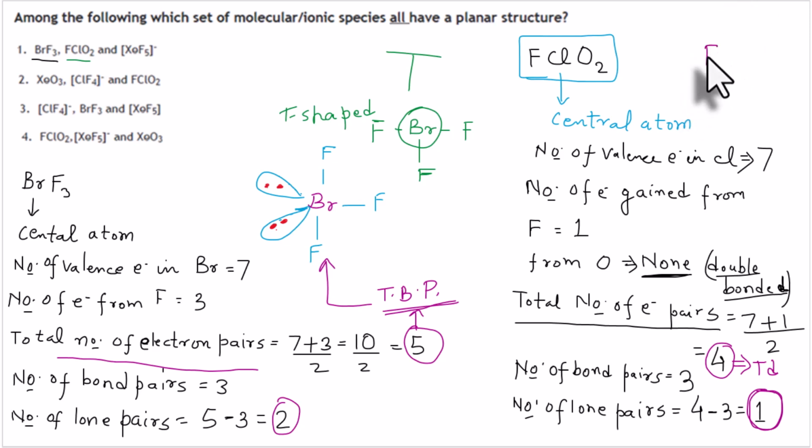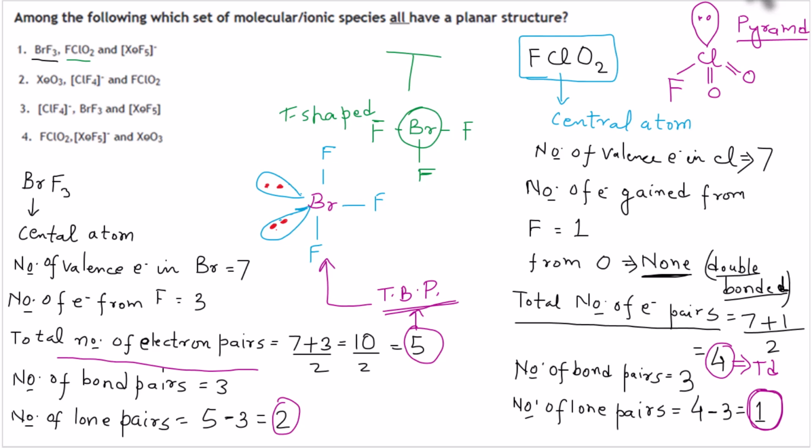So this compound becomes something like this: double bonded oxygen, oxygen, fluorine, and then a lone pair here on top. So this is a pyramidal structure. FClO2 has a pyramidal structure, so this is also not a planar structure.